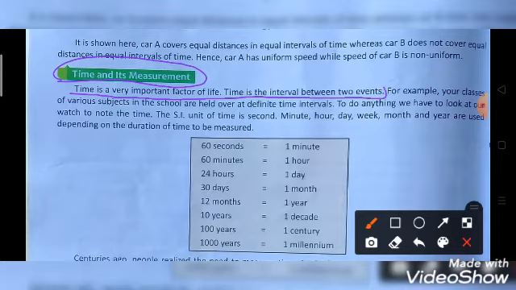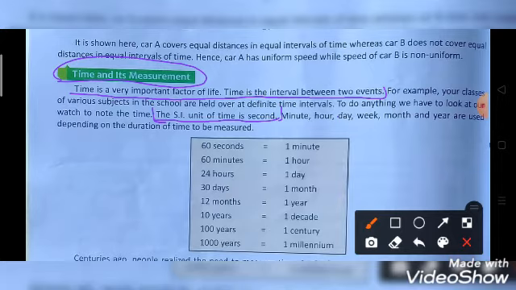So how do we measure time? You just see here, the SI unit of time is the second. So we measure time by counting the seconds.